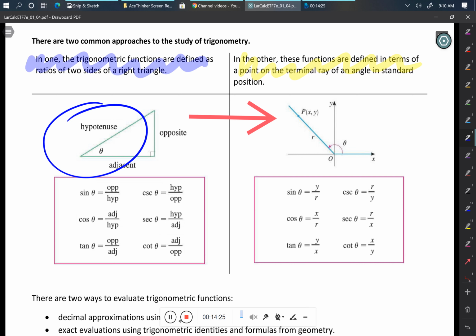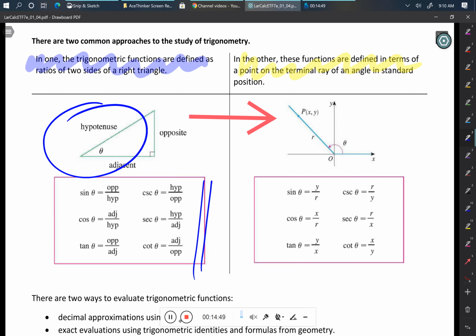It can't even get beyond 90 degrees, because you can't have a right triangle with bigger than 90 degrees in it. It doesn't work that way. Okay? So all of this stuff down here about opposites and hypotenuse and opposites for the reciprocal functions and all that are useless unless you can draw it as a right triangle.